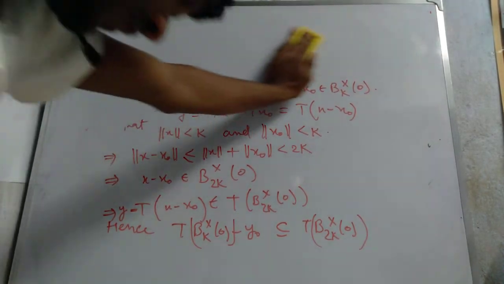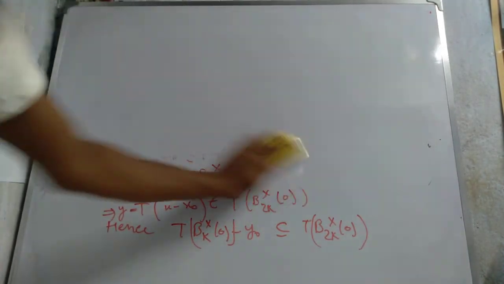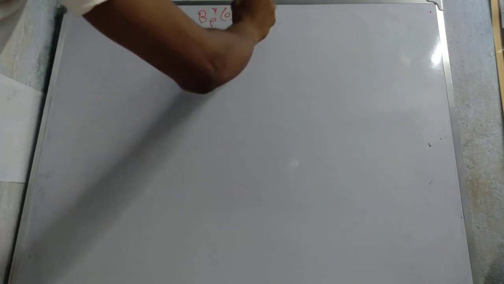Now we're going to claim 3. Claim 3 is an important one, and we also prove this one. We write claim 3 here: B_rho(y0) is a subset of T(B_1(x0)) for some rho greater than 0.